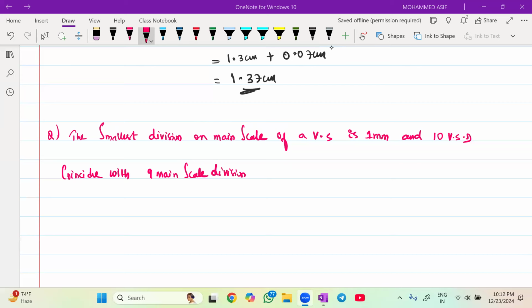The smallest division on the main scale of the Vernier scale is 1 mm, and 10 Vernier scale divisions coincide with 9 main scale divisions.